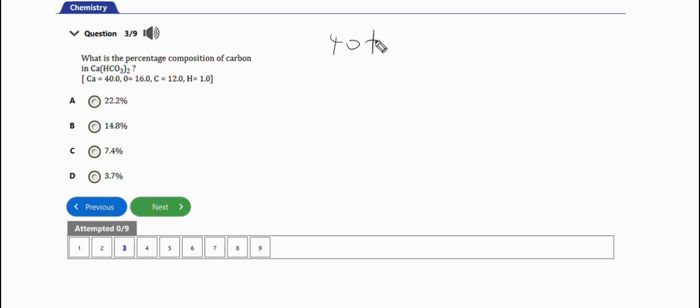The relative atomic mass of hydrogen is 1, so 1 times 2 plus carbon, we have 2 atoms of carbon, with relative atomic mass 12, that's plus 12 times 2 plus, for oxygen we have 6 atoms in total, 3 times 2 outside, that's 6, and the relative atomic mass of oxygen is 16, that's plus 16 times 6.